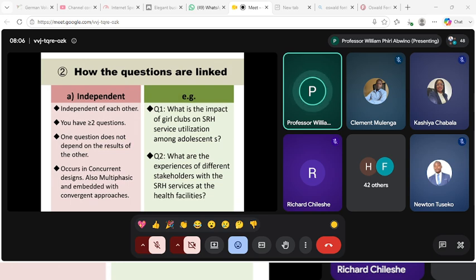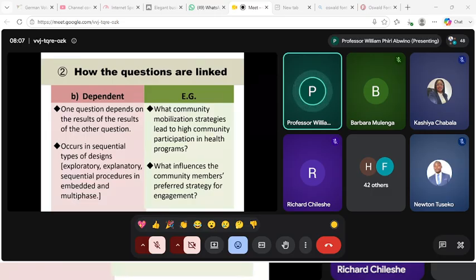For the embedded one, you can have a bigger portion of a study inclined more to quantitative, and then a small portion of qualitative embedded in that. So those are the examples.